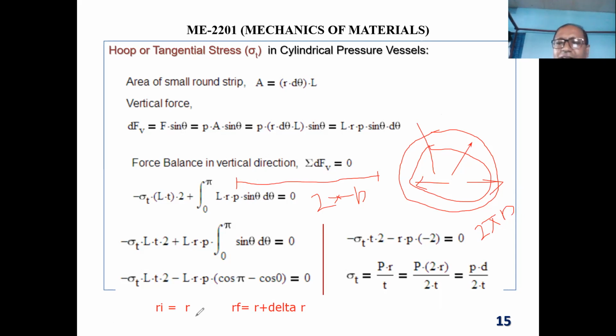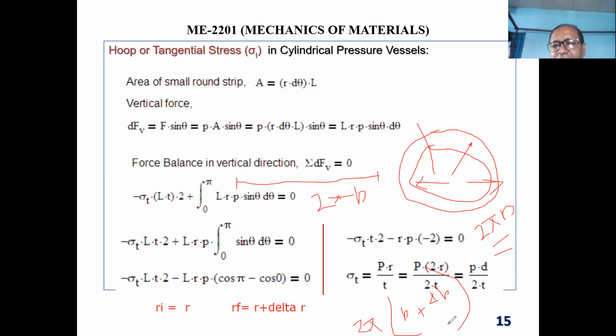And the final length will be 2 pi into r plus delta r. This is your final length. So how much does the length increase?